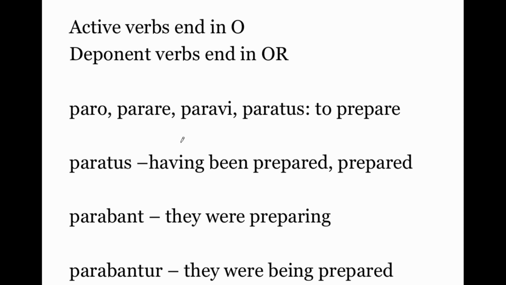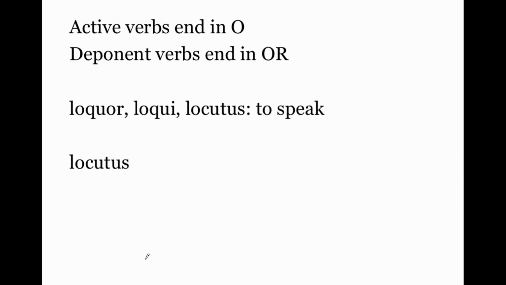So remember, active verbs can have passive endings. The normal ending of an active verb here, parabant, is active. They were preparing. It would take a direct object. But if you put a passive ending on, parabantur, now it is passive. They were being prepared.